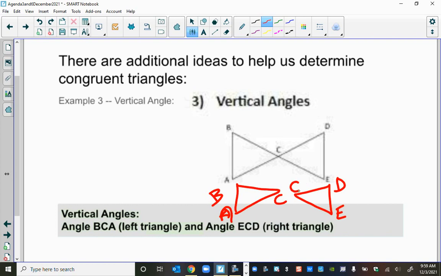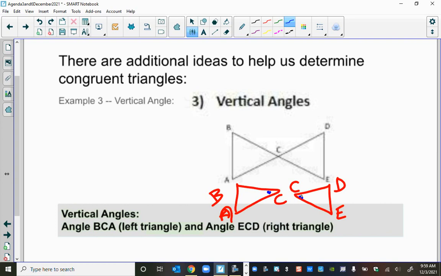Look to see which angle is common. So that's going to help you. Look at which angle is common for both triangles, and then they'll tell you which sides are congruent.